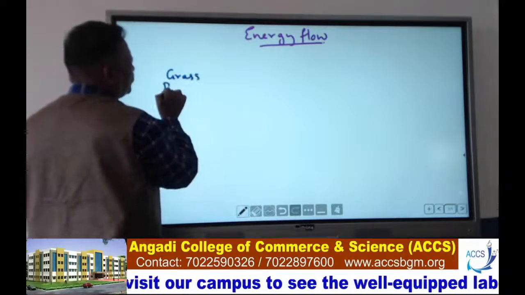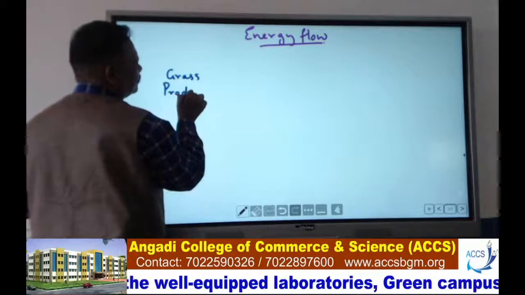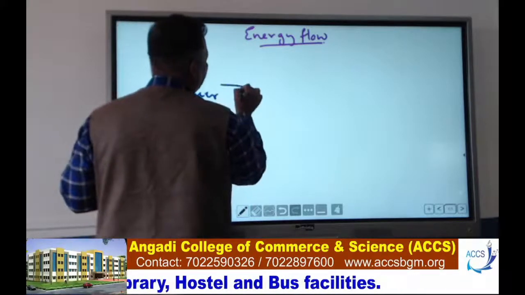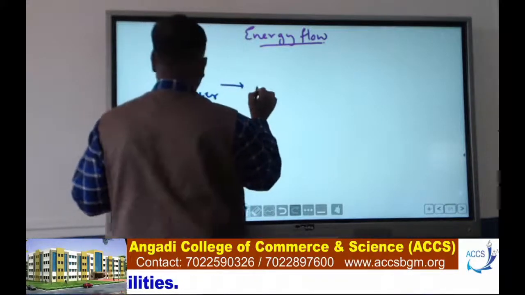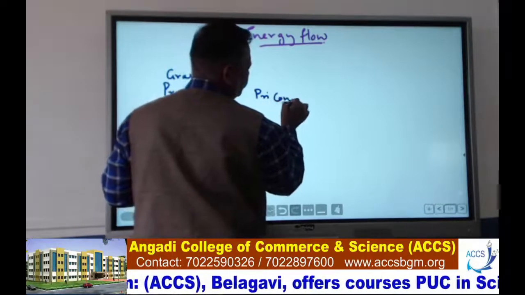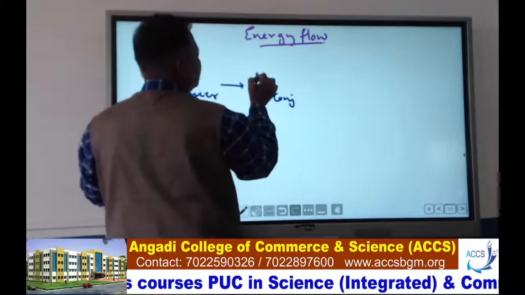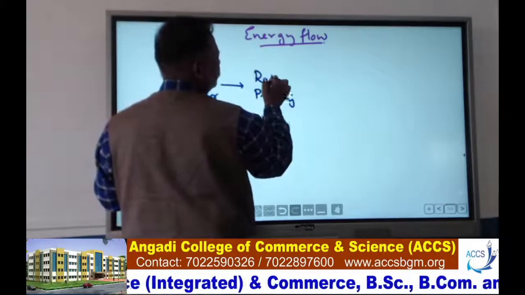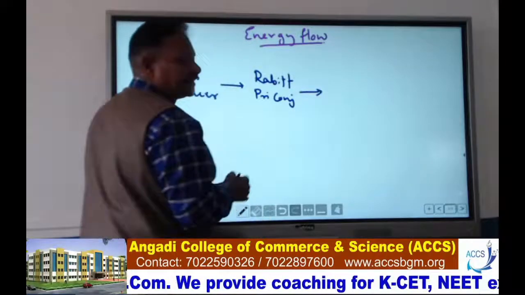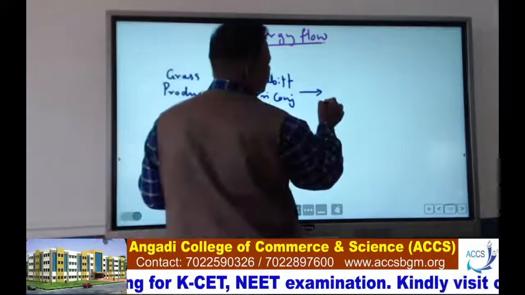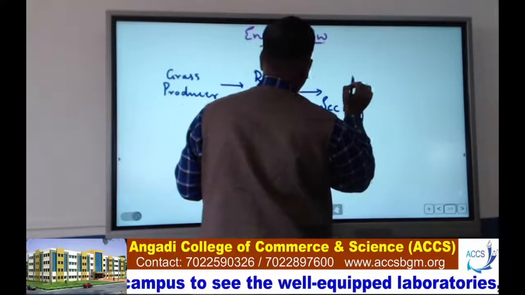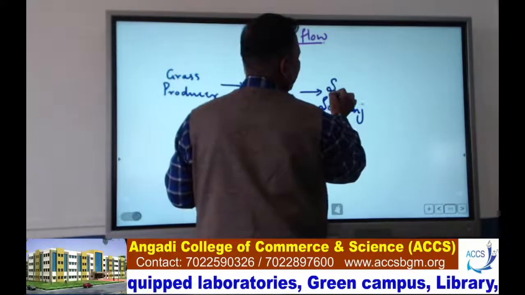that is the producer, then the primary consumer. Here the example is rabbit. The next is the secondary consumer, which here is a snake.